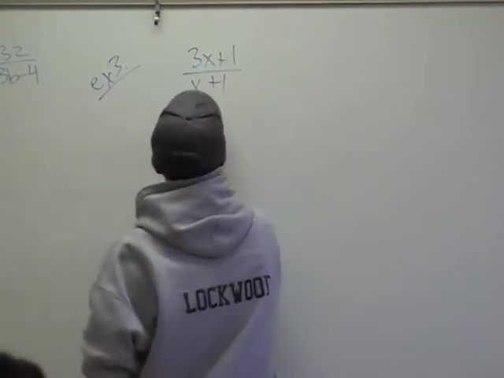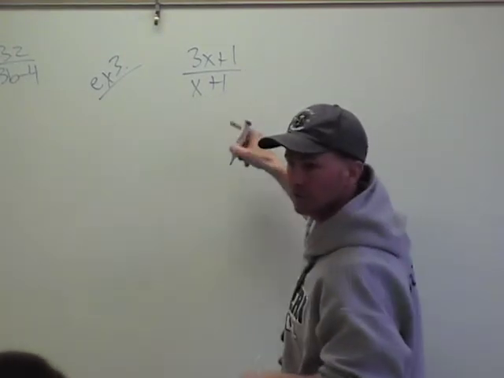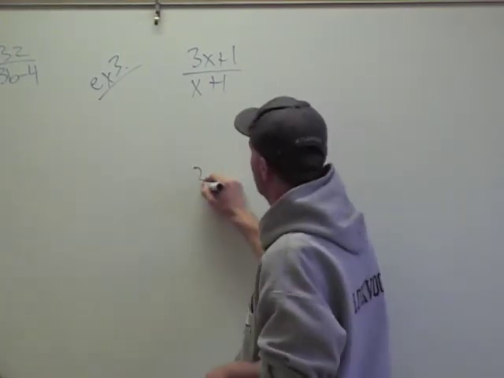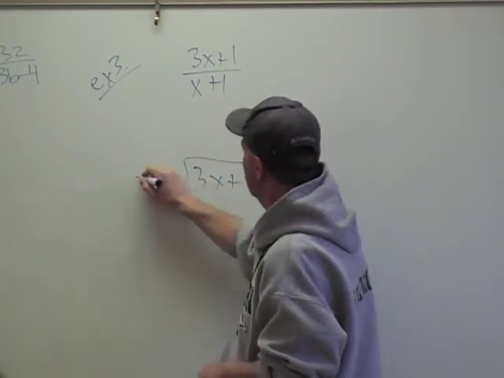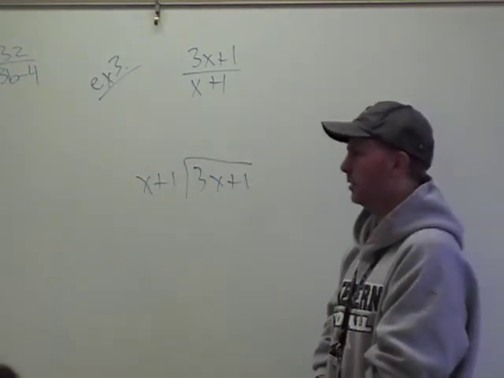Okay, I want you to divide that like we did, do long division of this. So 3x plus 1 divided by x plus 1. Go ahead and do that.